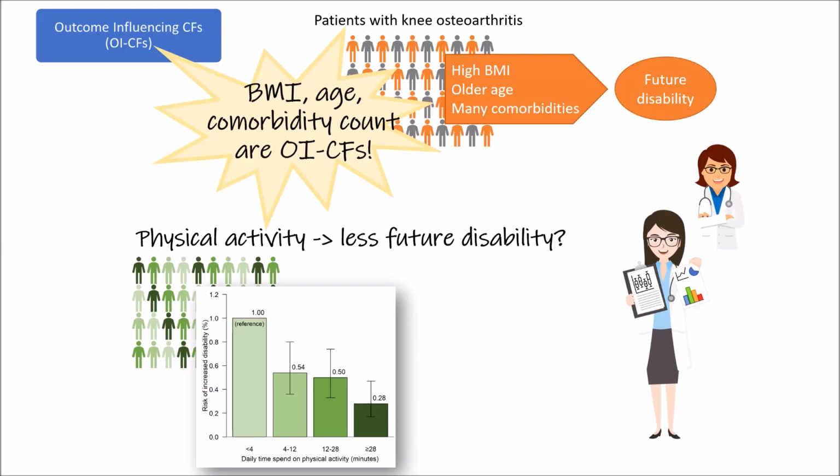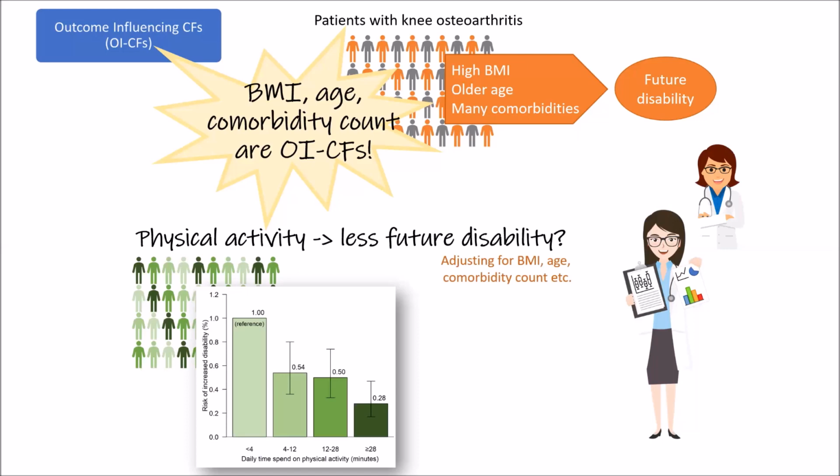However, since this study is not a randomized study, the 4 groups will likely differ with respect to important outcome-influencing contextual factors that may confuse the results. For example, maybe the most active group mainly consists of young patients with low BMI and few comorbidities, which naturally would reduce the risk of future disability. Therefore, the results need to be adjusted for such factors.